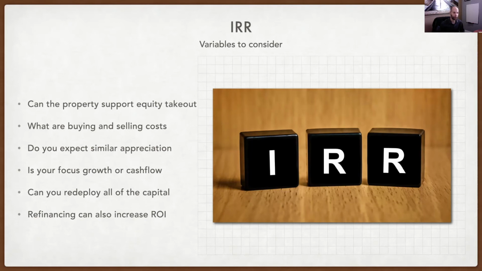So that property really has to outperform the existing one that you're selling because you have that big cost of selling to offload, to essentially wipe out with the new increased profits of the new property. So factor that in.